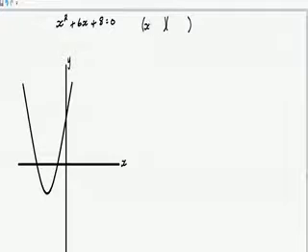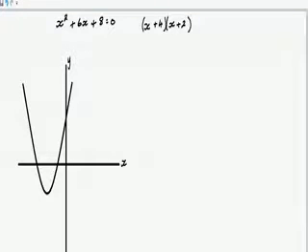I've got x and I've got x. Now I know 4 times 2 gives me 8 and 4 plus 2 gives me 6. So I know my numbers are plus 4 and plus 2.